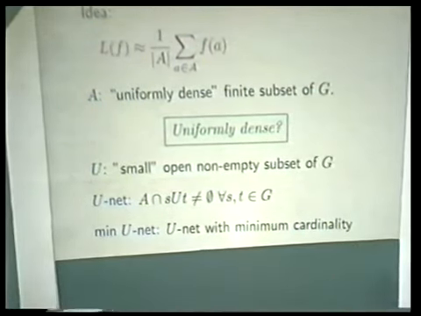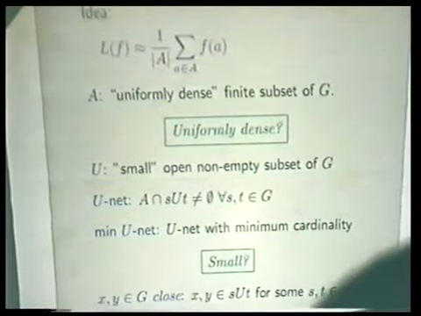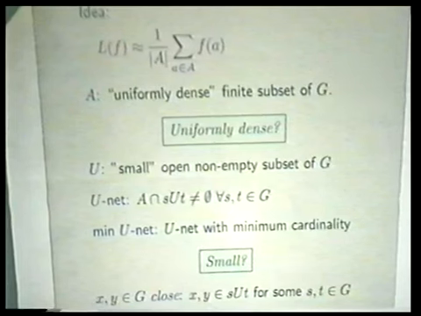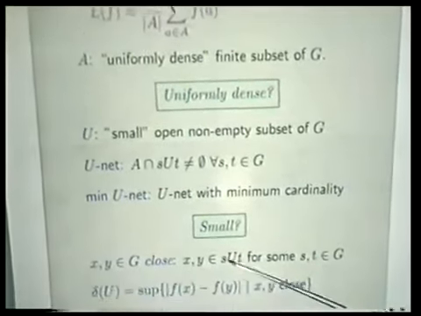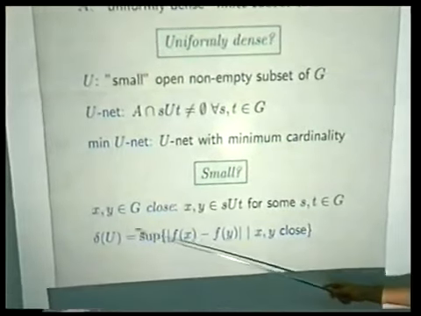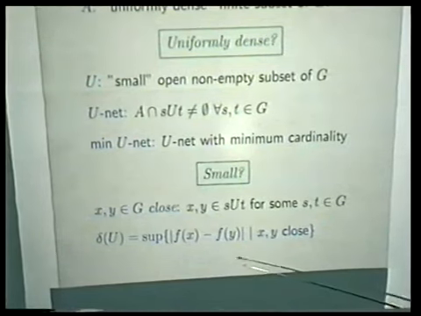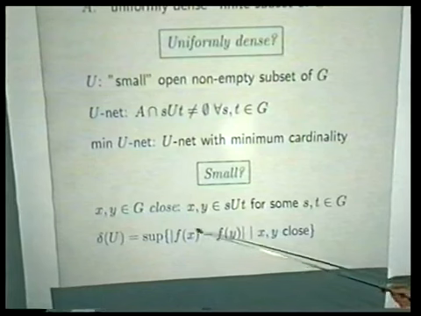Now, I still have to tell you what small means. So here is the definition of small. Call two group elements close if there is a translate of U which contains both of them. And call delta U the maximum variation of a function over a close pair.